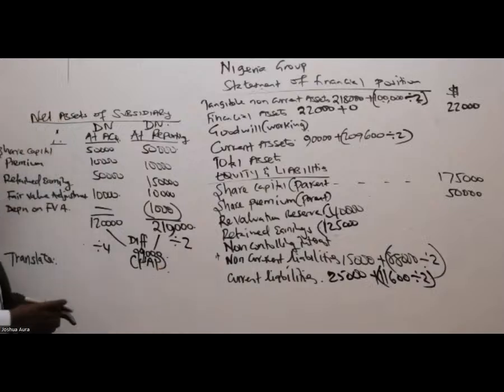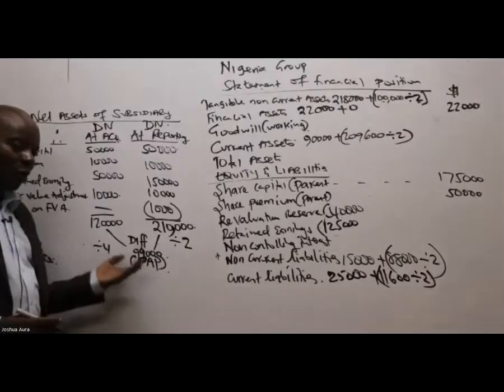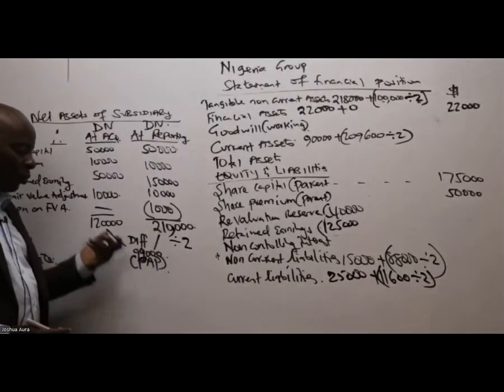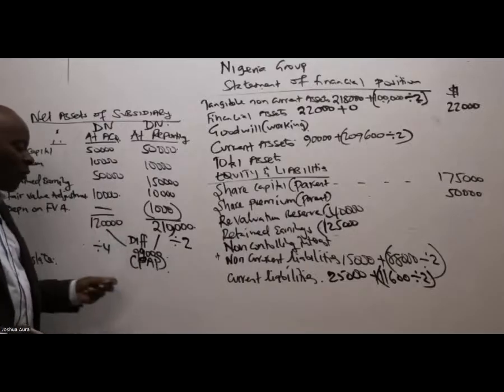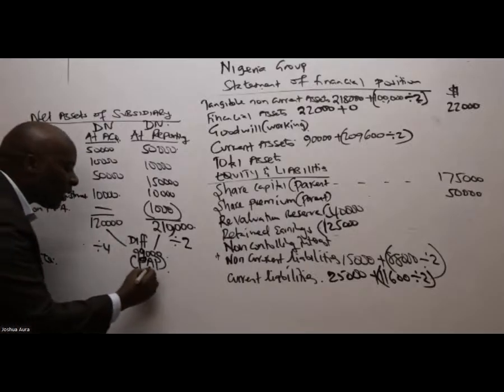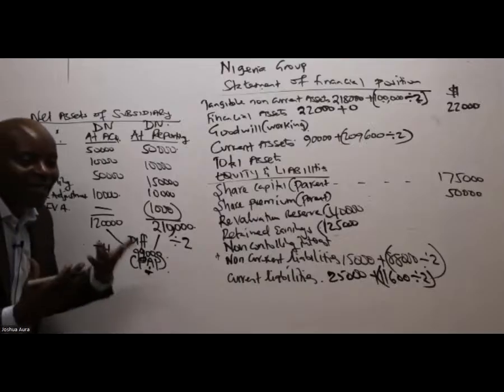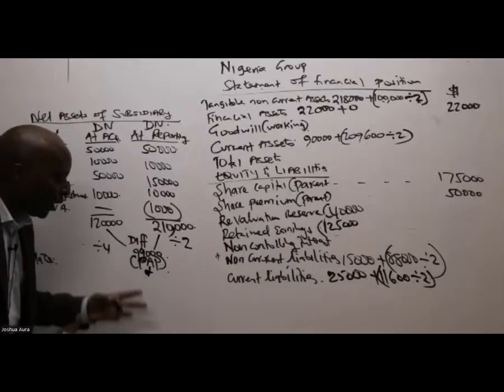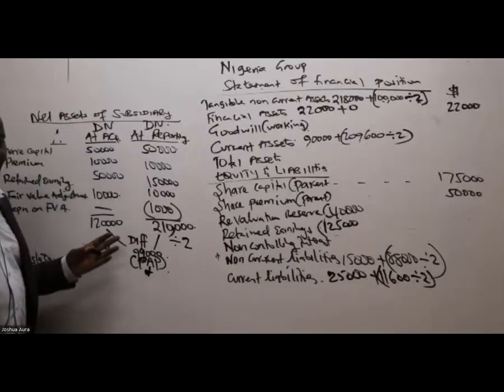And now listen to me very well. Remember, we have some post-acquisition profit. When we subtracted this and this, we got a post-acquisition profit. It's a profit, an income statement item. Profit is always translated using the average rate.